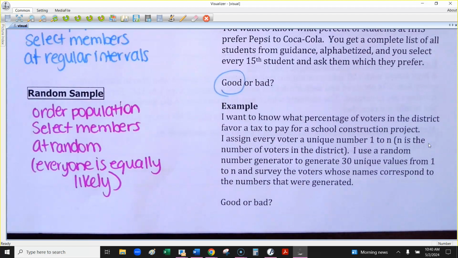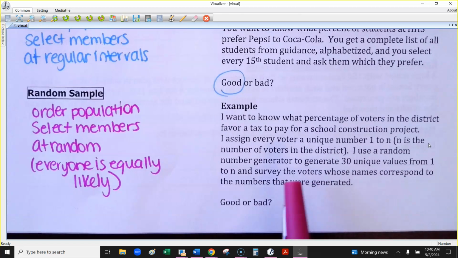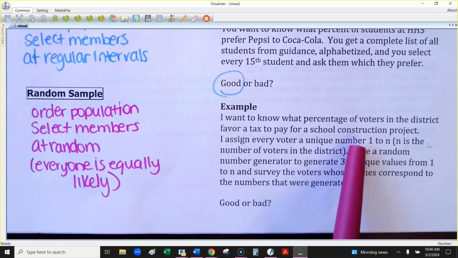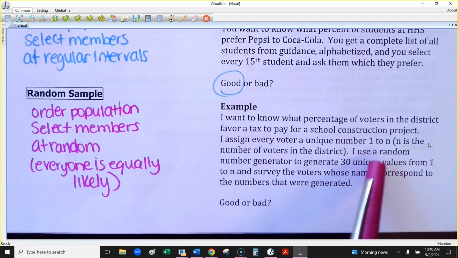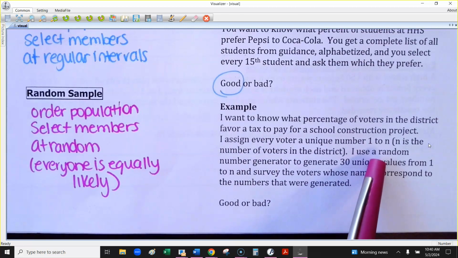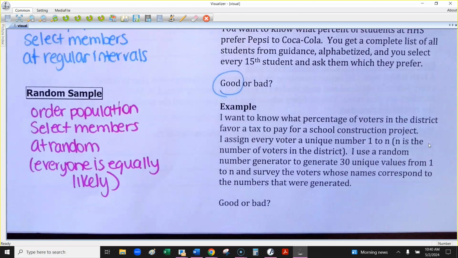All right, so this one gives you a little example. This says I want to know what percentage of voters in the district favor a tax to pay for a school construction project. Not relevant here at all. Okay, I assign every voter a unique number. So if we had 20,000 voters, everybody would get assigned a number. And maybe you do that alphabetically. There's different ways you could do that. And then you use a random number generator to generate 30 unique numbers out of that list.